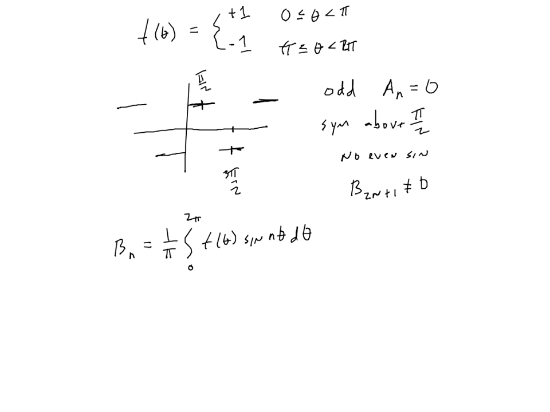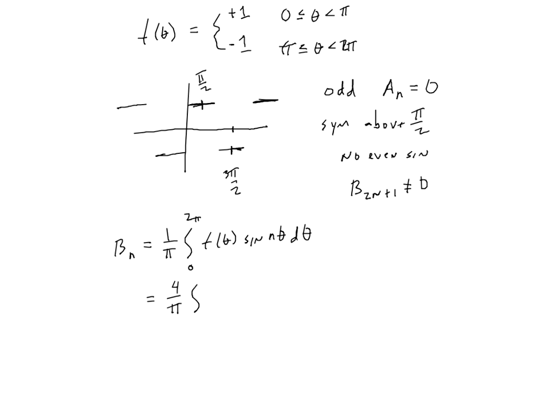Now because of the symmetries involved here, all we really have to do is integrate from 0 to pi over 2, with the idea that the sine function here is going to take care of the symmetry. And if we only integrate from 0 to pi over 2, all we have to do is multiply that by 4, and we're going to get the whole range. This is kind of using symmetry here.